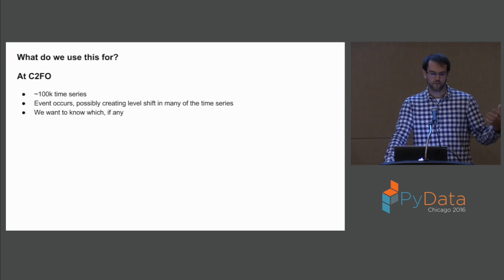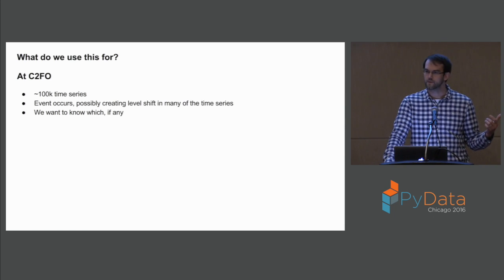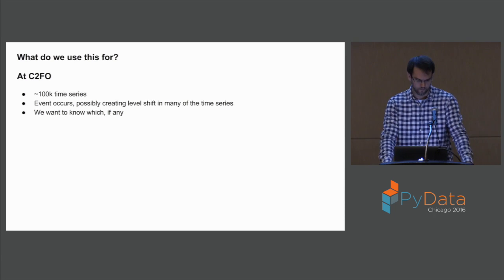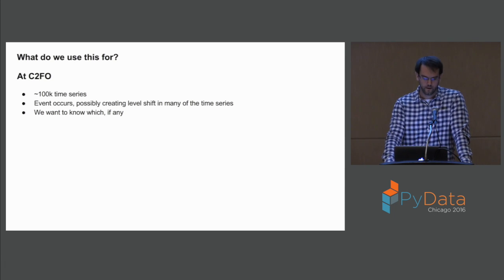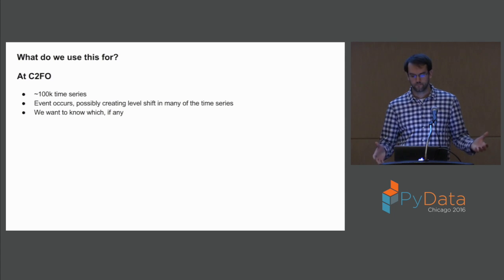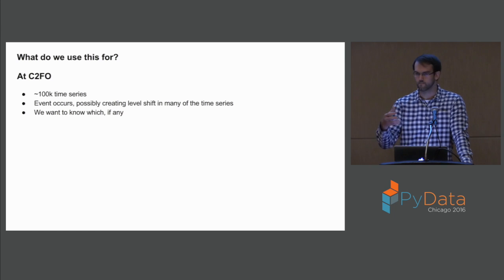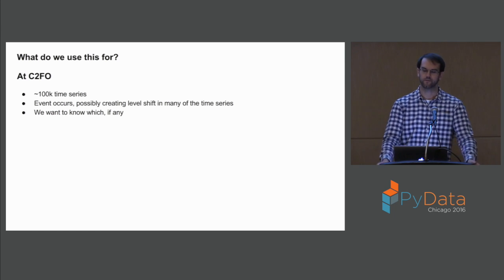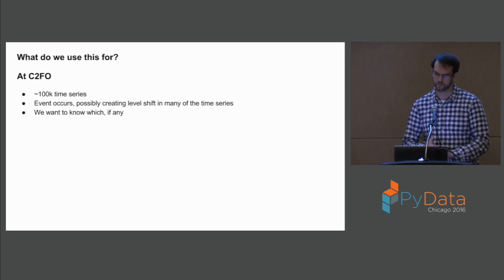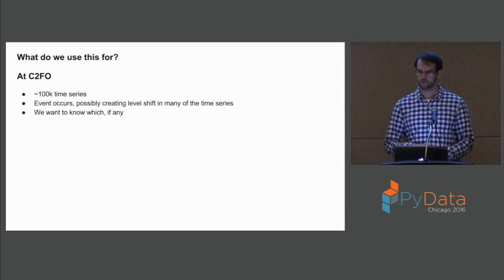So we have on the order of 100K time series, a few hundred thousand, and in our system, in our business, an event occurs. For those people who weren't here, I'll try not to talk about too much of the specifics; I'll kind of abstract it.